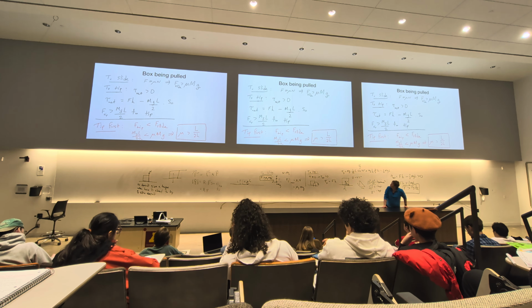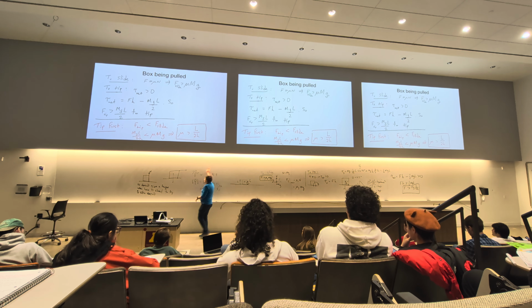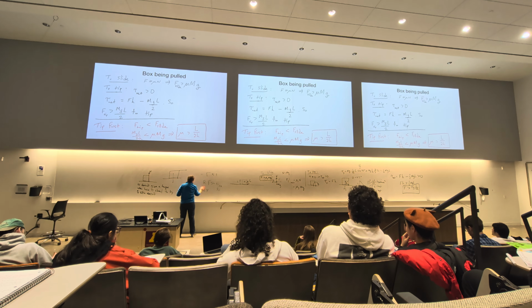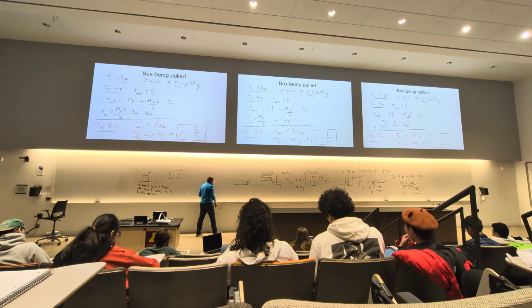So, okay, let me do it on the board and make sure that I didn't screw anything up. Okay, so here we have a tip first. So for tipping first, we need the force for tipping to be less than the force for sliding.